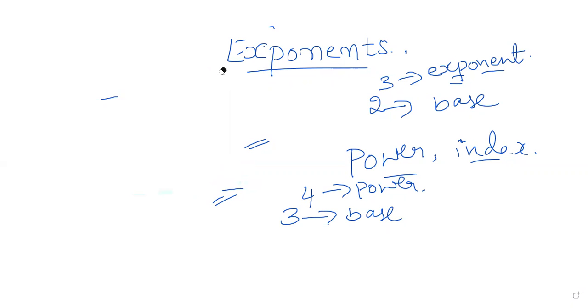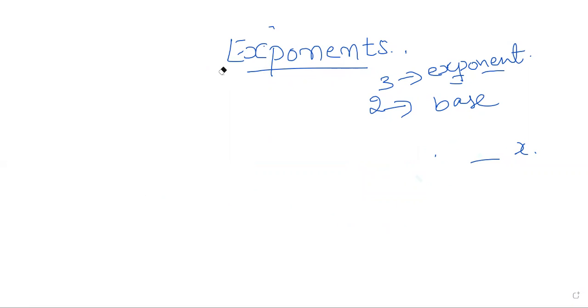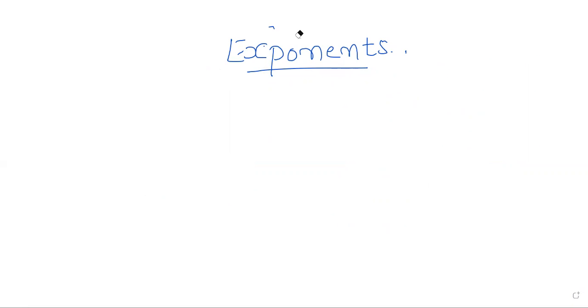And expressing the numbers like this is called exponential form. Okay? Write 4 to the power of 5. Here 4 is called base and 5 is exponent.